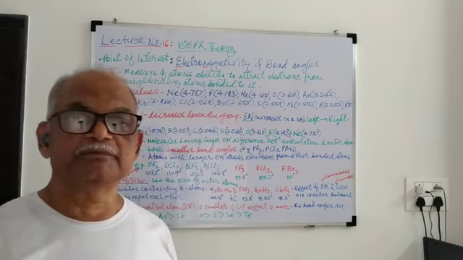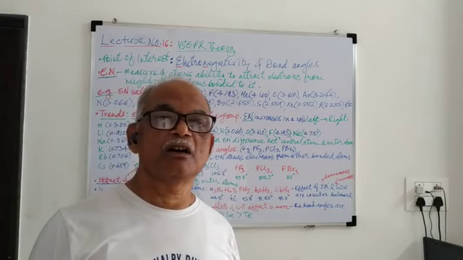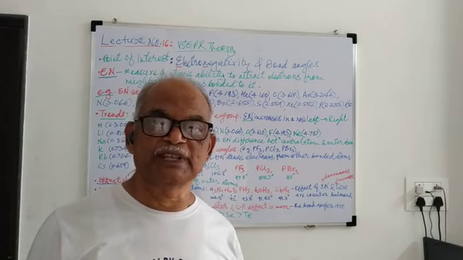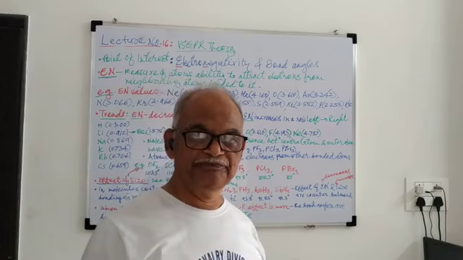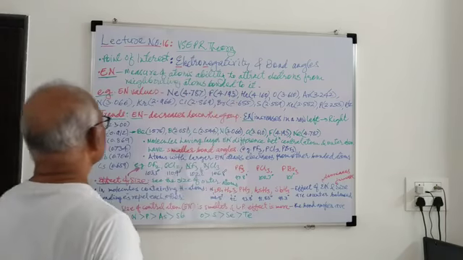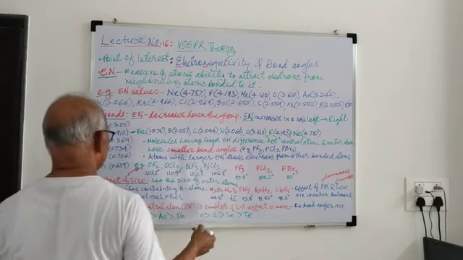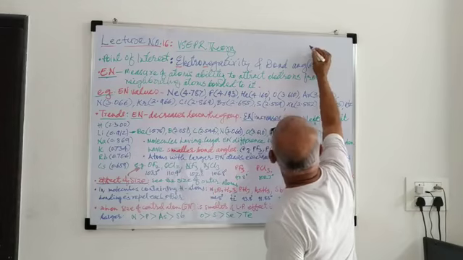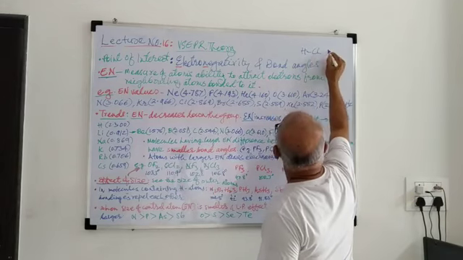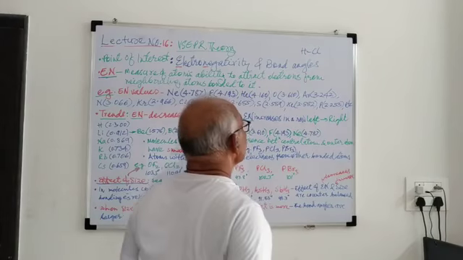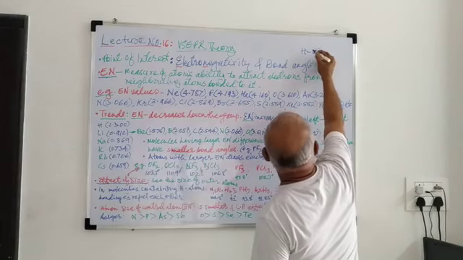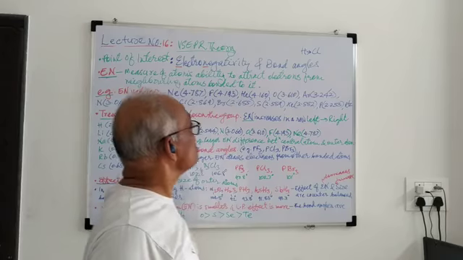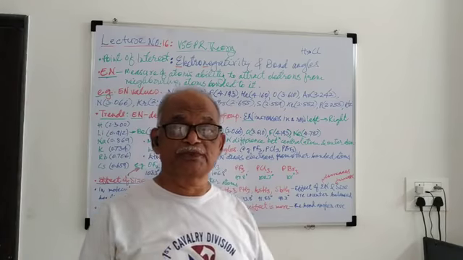Electronegativity of an atom is the power to attract electrons from neighboring atoms which are bonded to it. For example, you can take simple HCl. Here chlorine has more power than hydrogen to attract electrons.